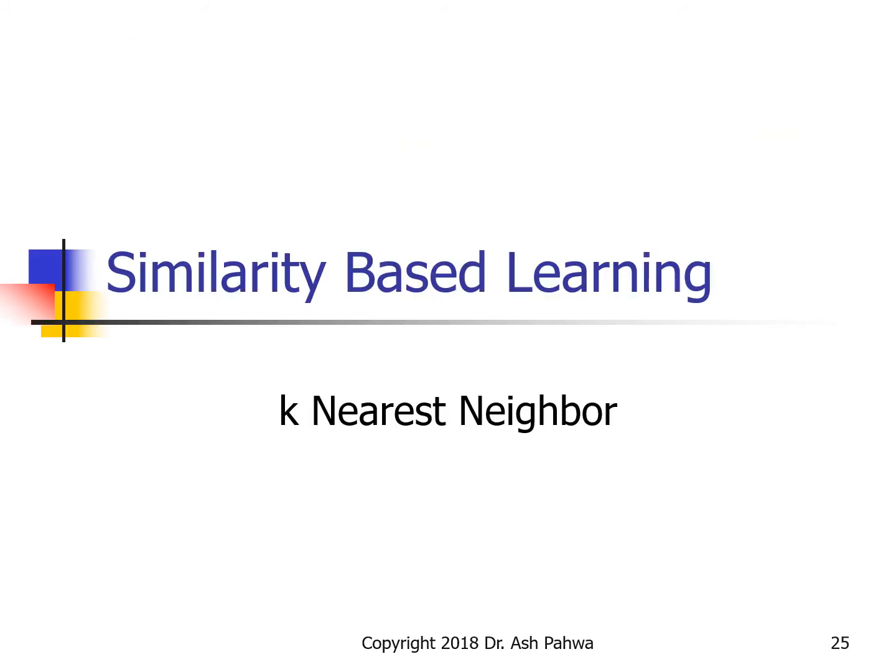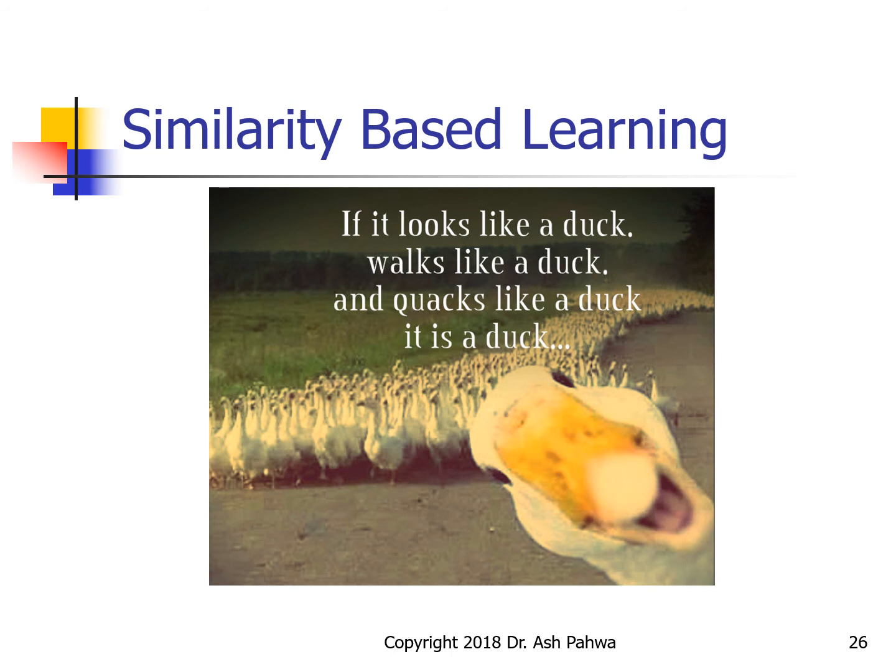Now, the next strategy is called similarity-based learning, and the modeling method that uses similarity-based learning is called k-nearest neighbor. We are going to cover this modeling method in quite some detail later on. In similarity-based learning, the basic strategy is this.